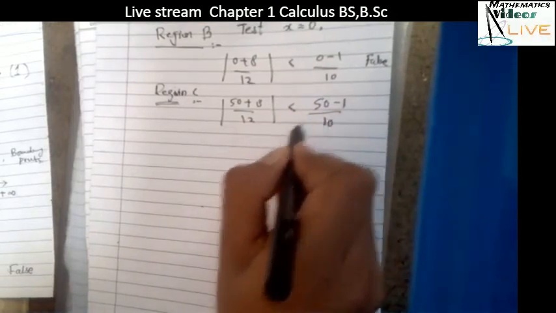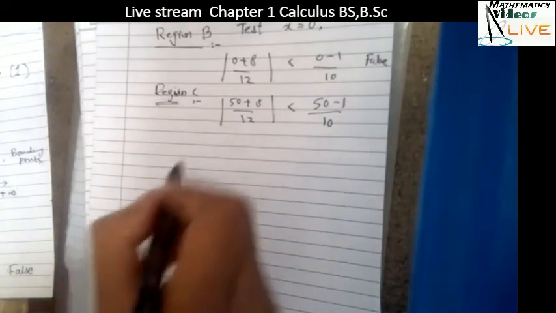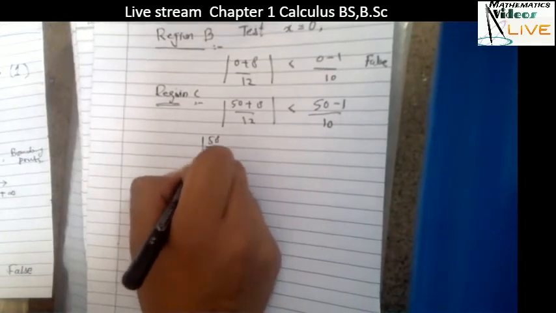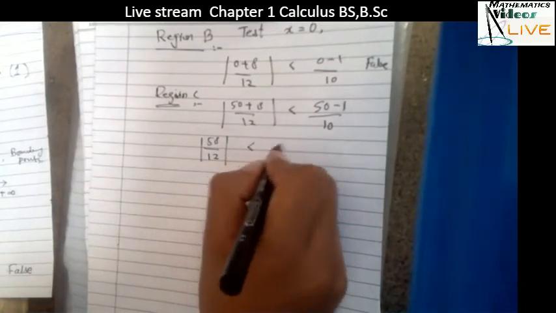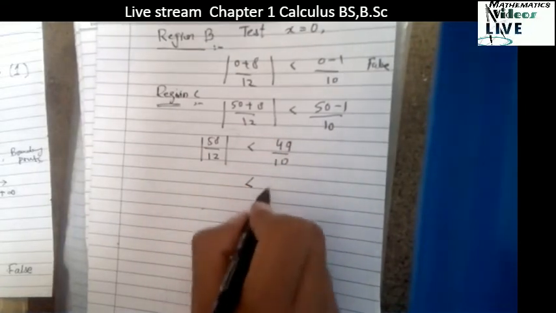Finally, we will check the region C. The region C starts from 46 and ends at positive infinity. There is a point 50 between those, so we will put 50 here.